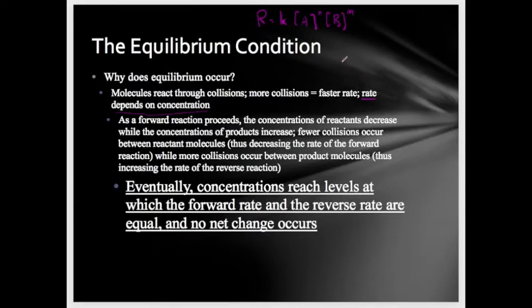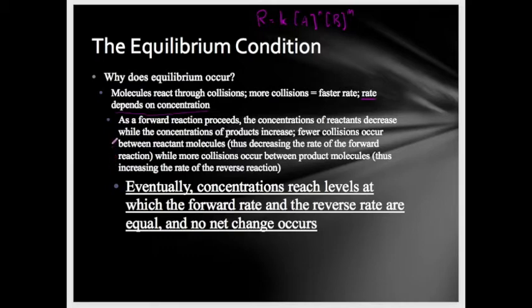And why is that true? Well, if you have more reactants, you're going to get more collisions, and then you're going to get a faster reaction. So here's the idea. You guys can read it, make sure you understand it. It's just what we talked about on the graph before. As the forward reaction proceeds, the concentration of reactants decreases while the concentration of products increases.